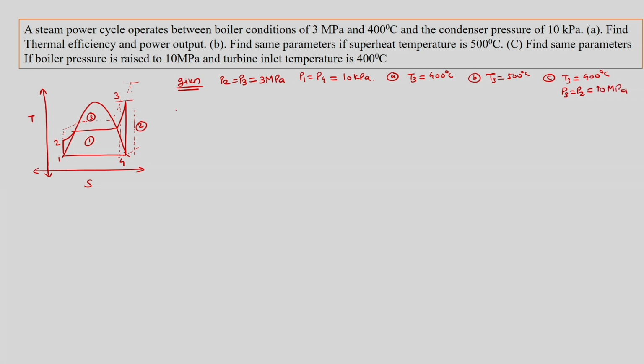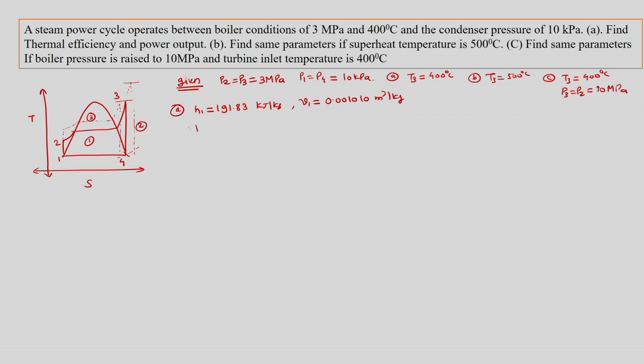So we will solve A first. For A, we first have to find H1, and H1 turns out to be 191.83 kilojoule per kg. Similarly, V1 is equal to 0.001010 meter cube per kg.